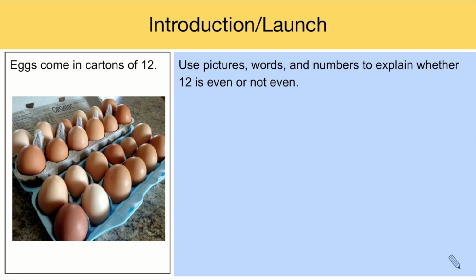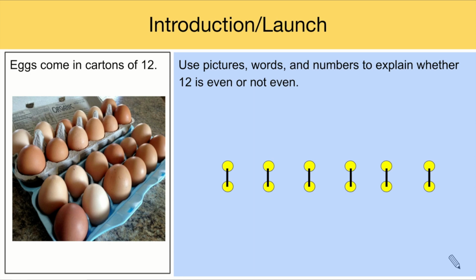Let's see. I am going to draw an array with 12 circles to represent the eggs. Since it says we can use pictures, words, or numbers to explain, then I am going to draw a line from one egg to another to show how I am pairing them together with a partner egg. If all eggs have partners, then that means that the number 12 is an even number.